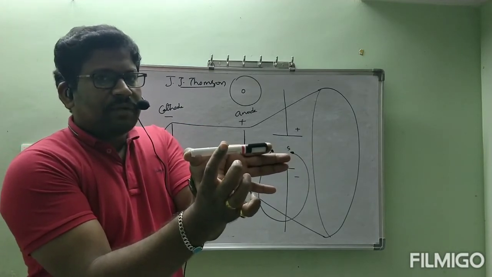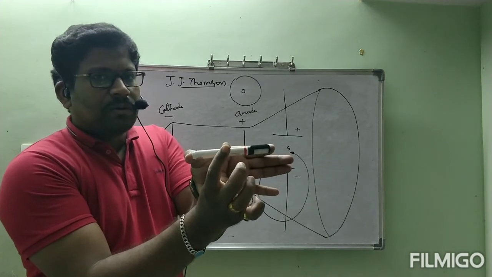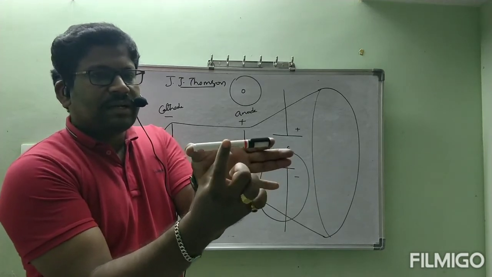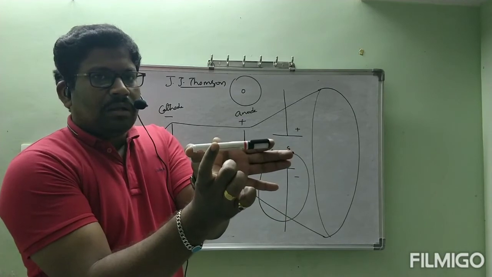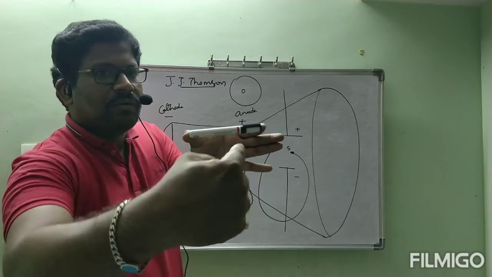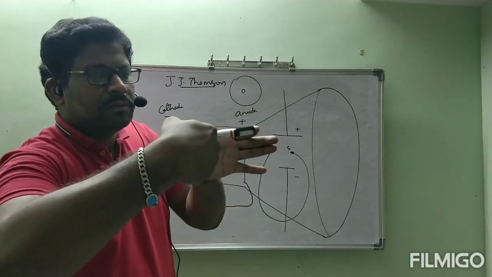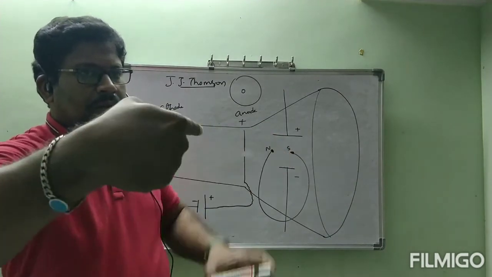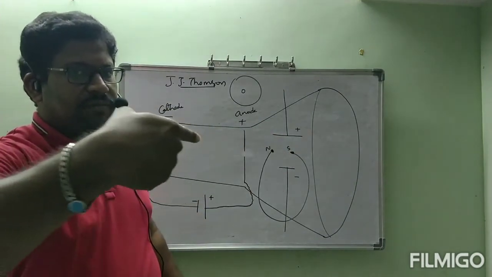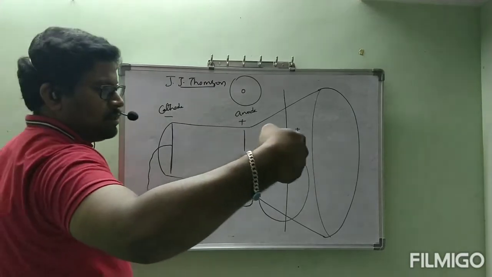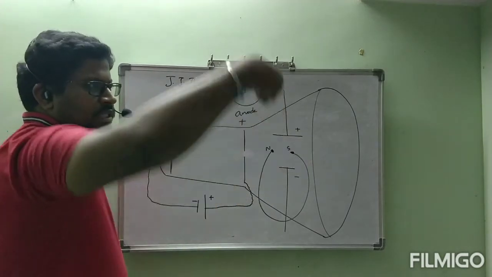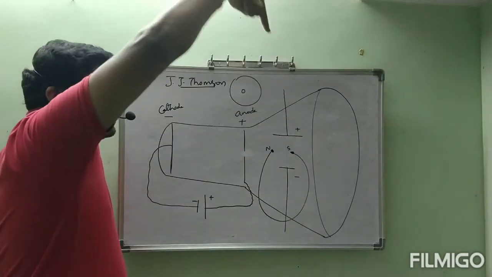So north pole is the front side, south pole is the back side. This is the direction of the magnetic field. This is the direction of the electric field.